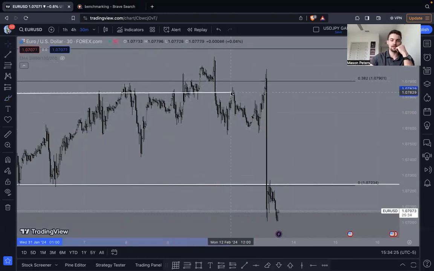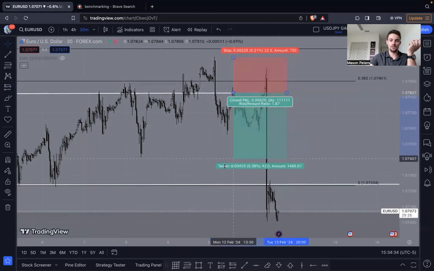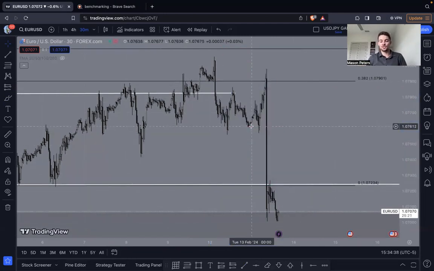This area right here of resistance. So boom, another short position right there that you could have taken and targeted this low or this low, whatever it may have been. So there's always more to do on the lower time frame. You just got to get really good on the 4-hour, and then you'll get really good on the 30-minute.